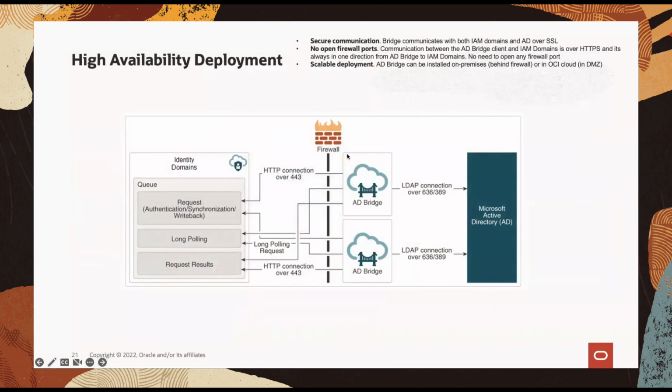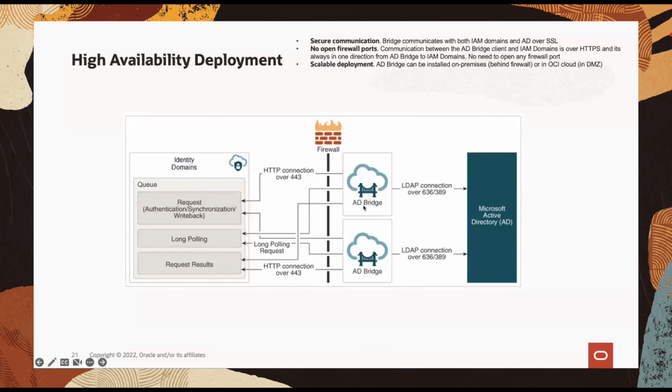We said you can use the AD bridge to synchronize the users, and also to do delegated authentication. So some customers ask, what if the bridge goes down? Will I be logged out of the OCI IAM? Will I not be able to access any of the applications that are protected by the IAM? In such situations, you can configure a high availability bridge for the same Active Directory domain.